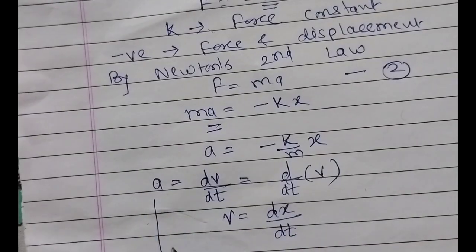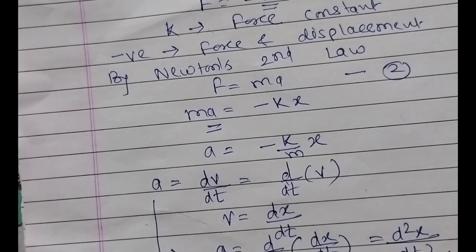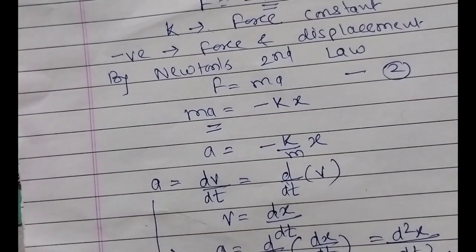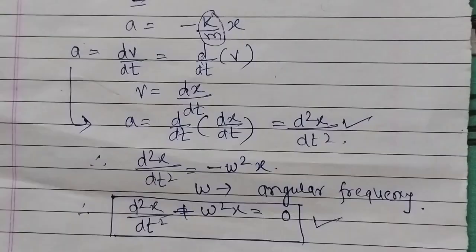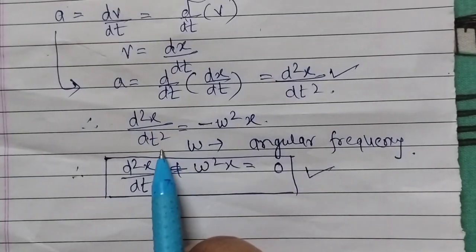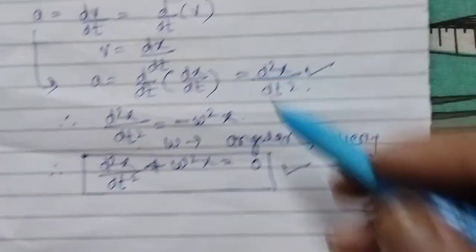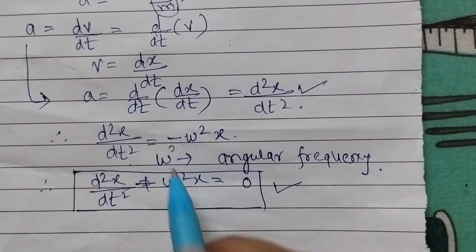So a is converted into d by dt of dx by dt, so it becomes d square x upon dt square, which equals minus omega square x, where k by m is replaced by a constant omega square, where omega is the angular frequency.